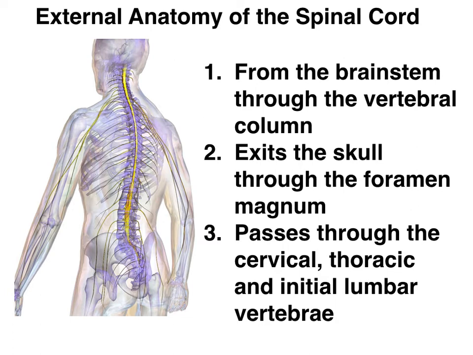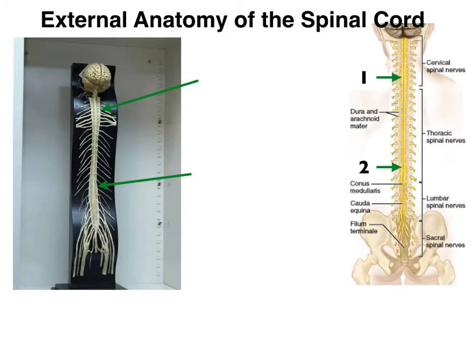Now, it does look like there is a continuation of the spinal cord past the first lumbar vertebra, but we'll talk about this because there are parts of accessory structures that continue on that are not the spinal cord itself. So the first thing that you might not notice, because these pictures aren't that close, is that there are two thicker areas of the spinal cord.